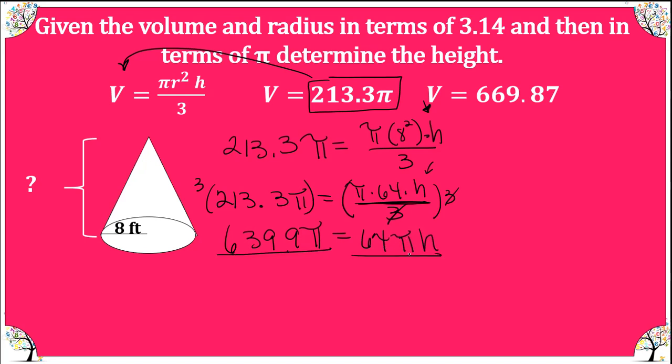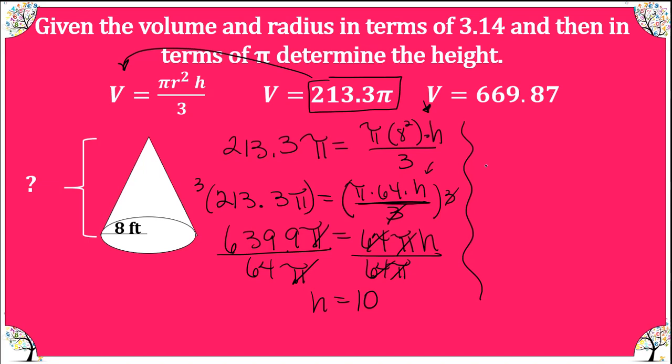We're going to divide each side by 64 pi. Our pi's cancel there. And our height is going to be 9.998. And so we're just going to round that to 10.